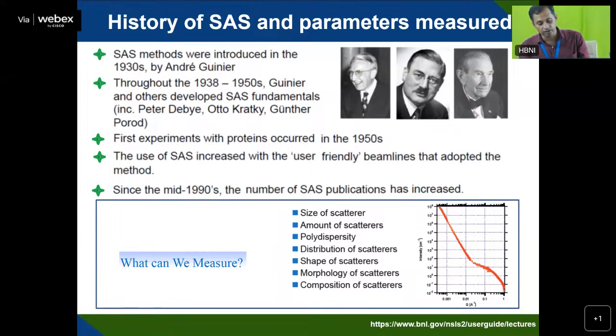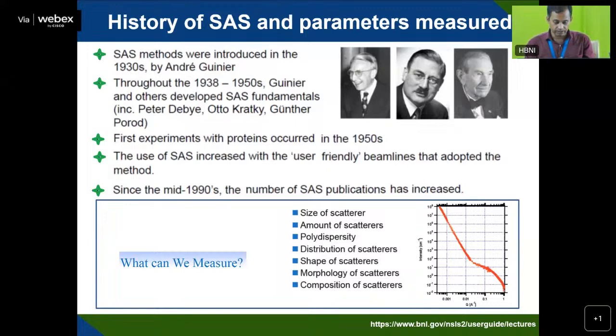It's not that old a technique. In 1950, the first protein structure was identified by small angle X-ray scattering. Then the use of small angle scattering increased with the availability of different beam lines, which made it more user-friendly, and publications in this research area grew because small angle X-ray scattering had gained momentum.